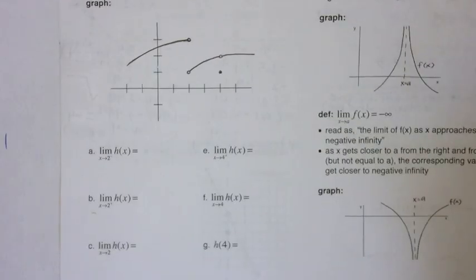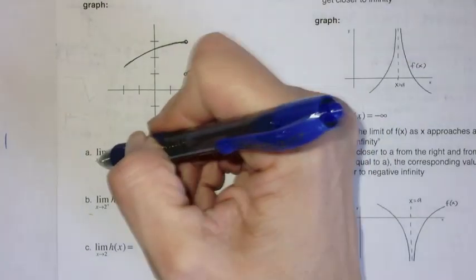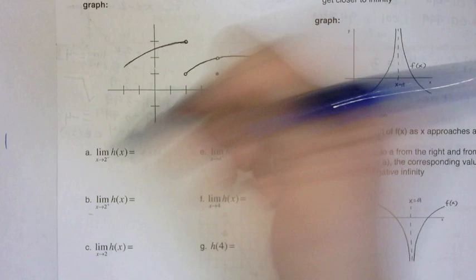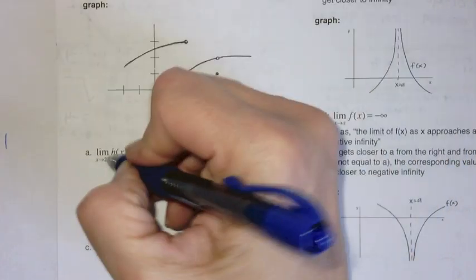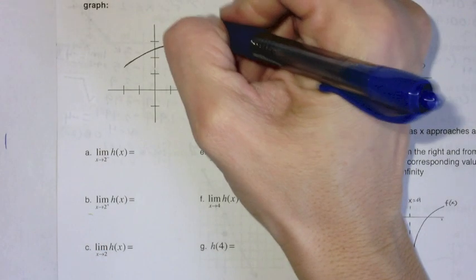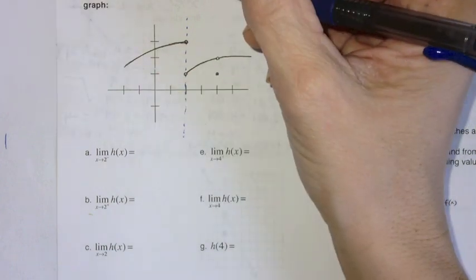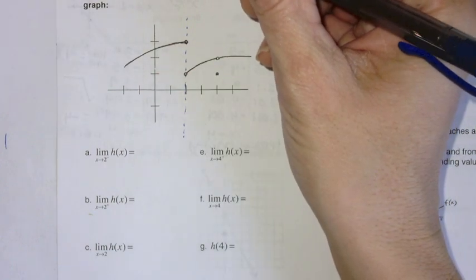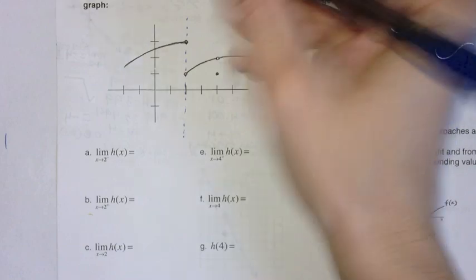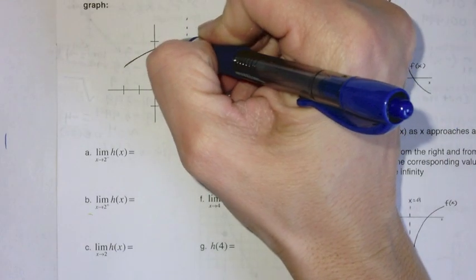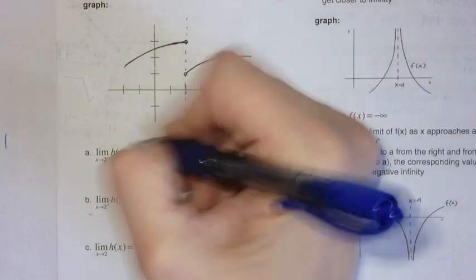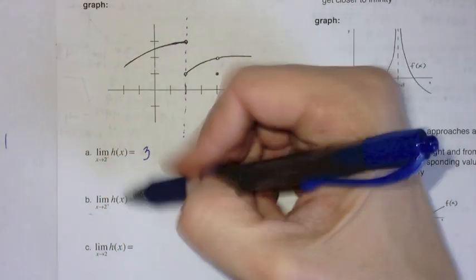So here's our graph, and it says the limit as x approaches 2 from the left. So that's not -2, that's 2 from the left. So here's 2. Whoa, this is cool. As x approaches 2 from the left, it's coming in and getting close, close, close. Its intended height is 3. And then we're going down to b.